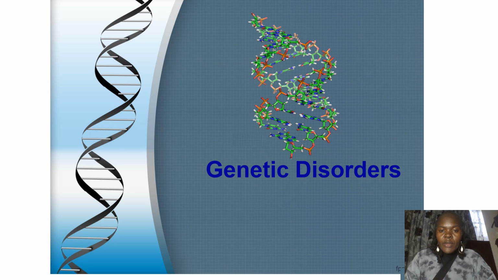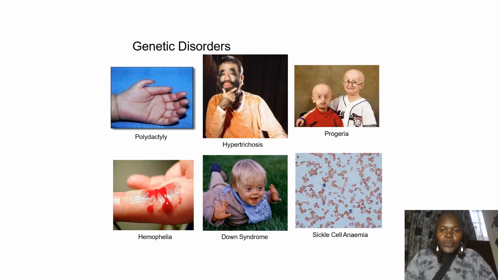I'm back again to discuss the genetic disorders. So we are here to understand which of these diseases or disorders are inherited, and which are not inherited. But to start with, we need to understand the definition of genetic disorders.